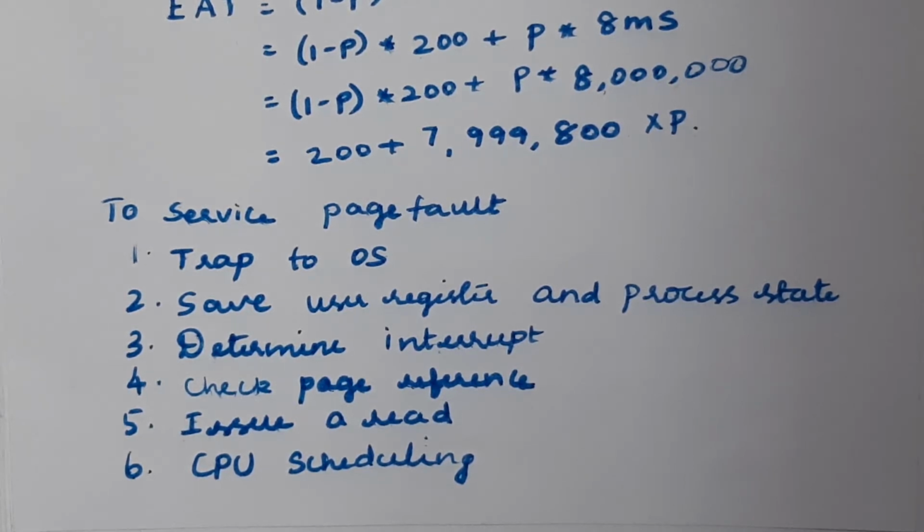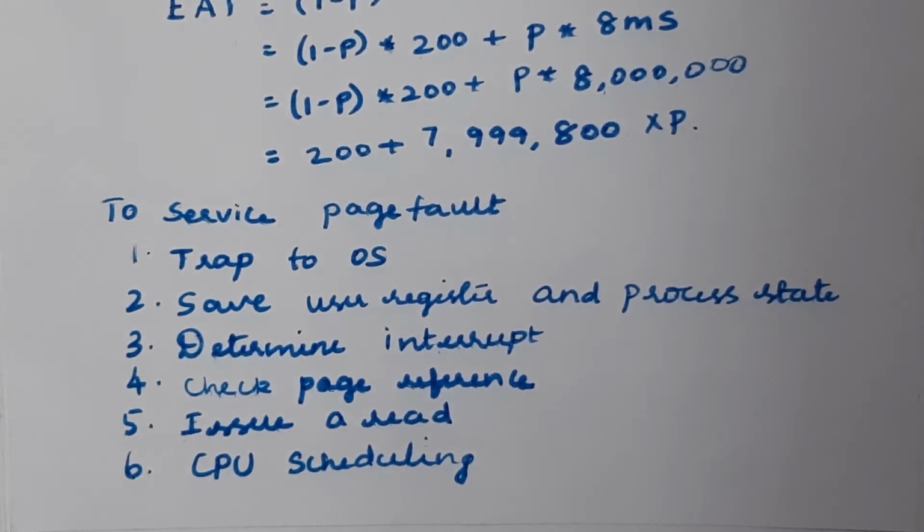First step is we need to produce that as an error, and that trap has to be sent to the operating system, because whenever you get a kind of fault or any error, you should return the control to the operating system, because after that the operating system should take over all the responsibility of resolving those faults or errors.